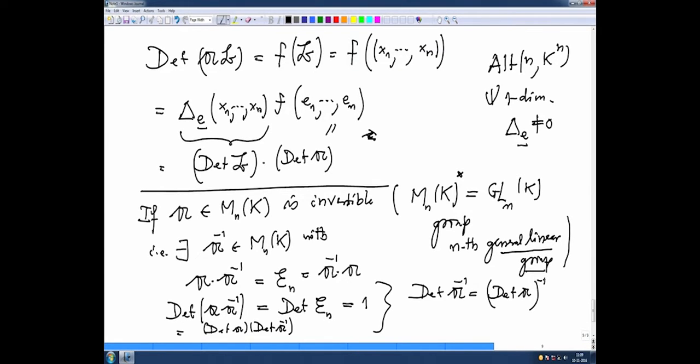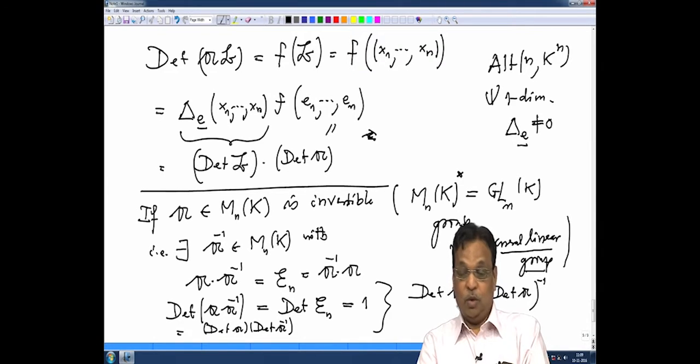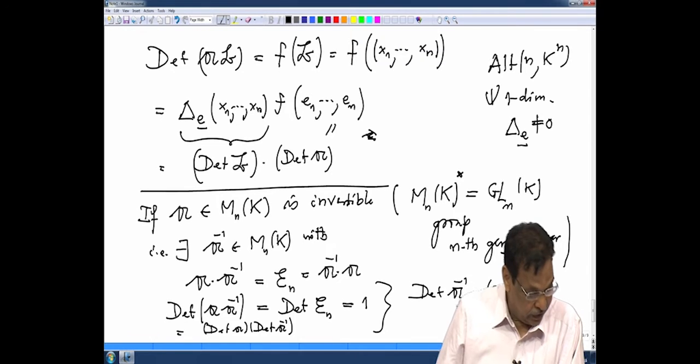So that means if your matrix is invertible, whether you apply the inverse first and then the determinant, or the determinant first and then the inverse, these two operations are compatible. Okay.